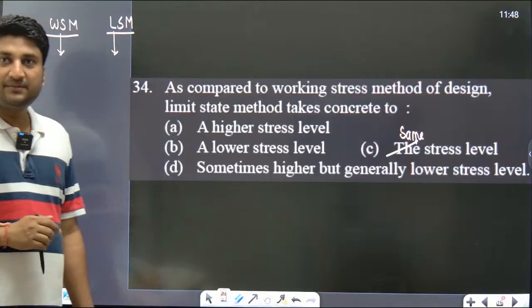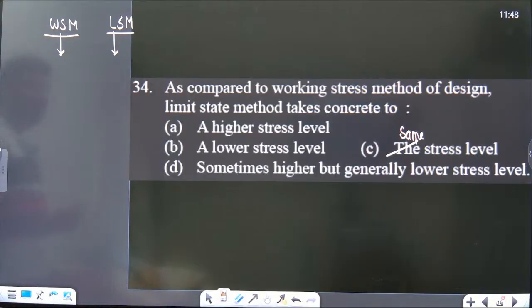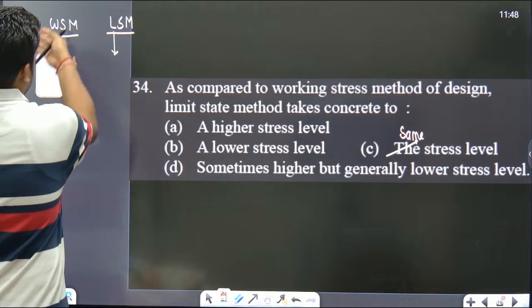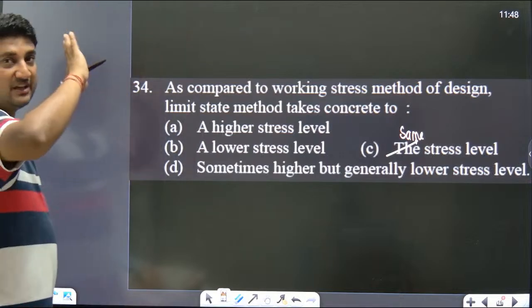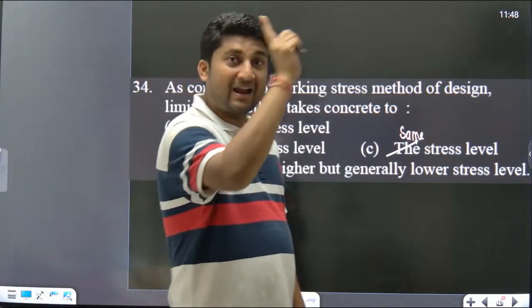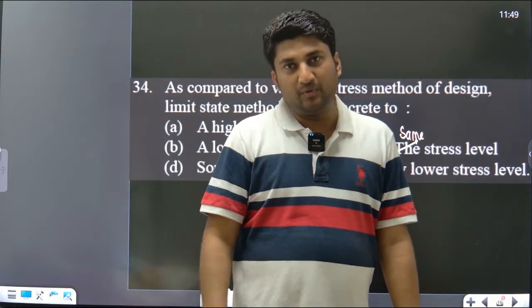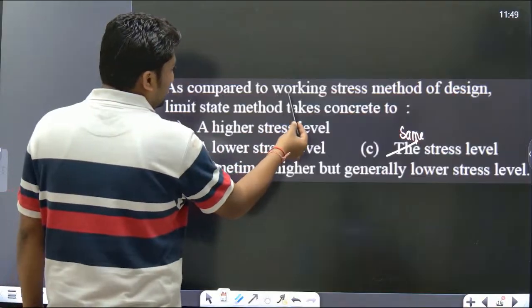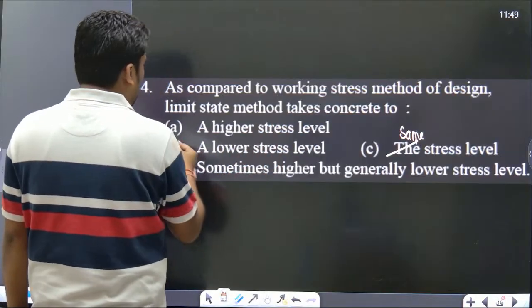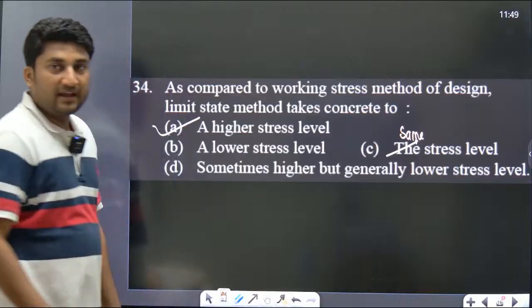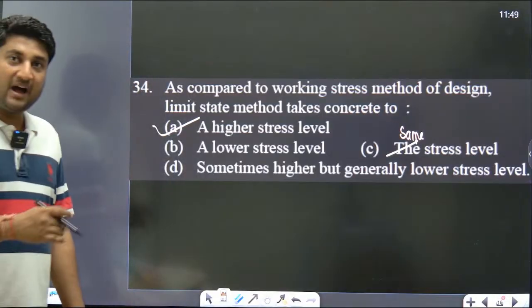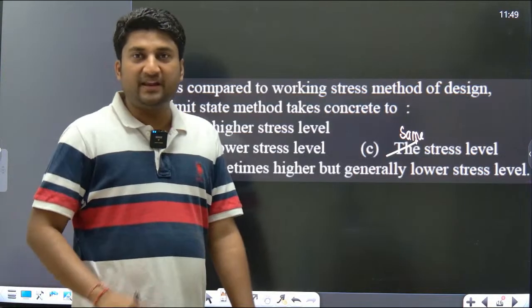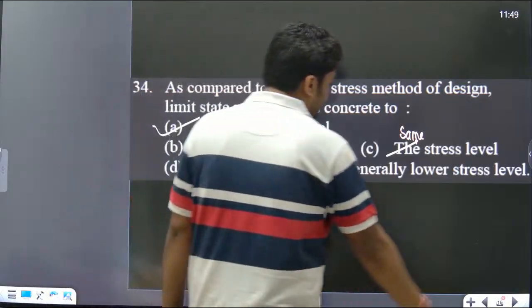Clear? Now here you can see in LSM the permissible stresses in the concrete are higher as compared to WSM. Understood everyone? So, as compared to the working stress method, the limit state method takes concrete to a higher stress level. Option A is the correct answer.